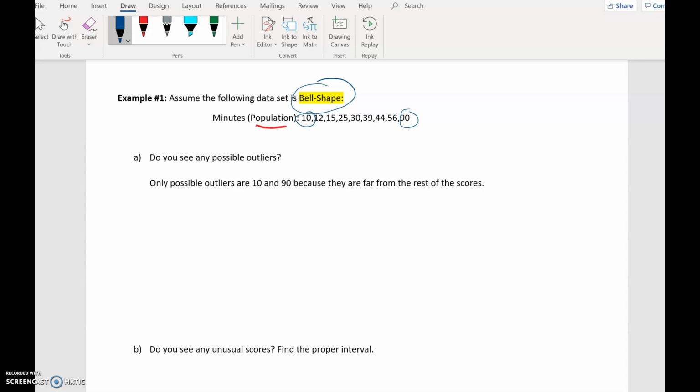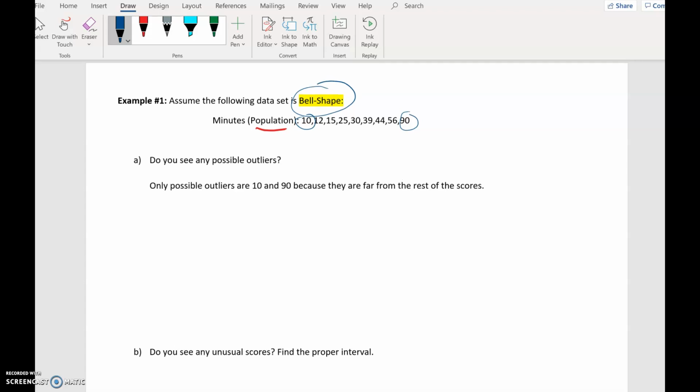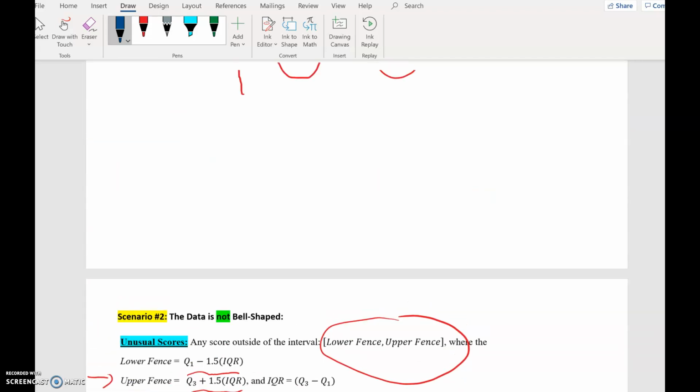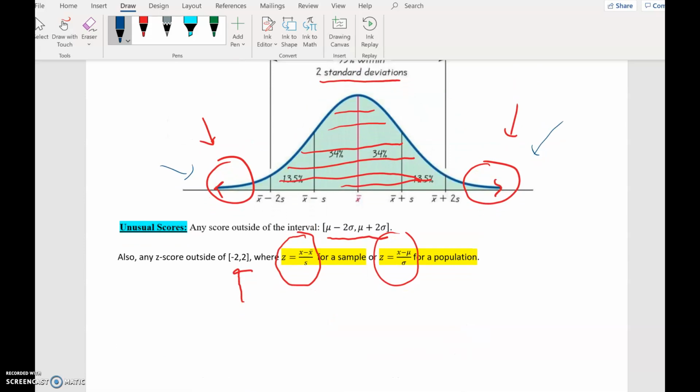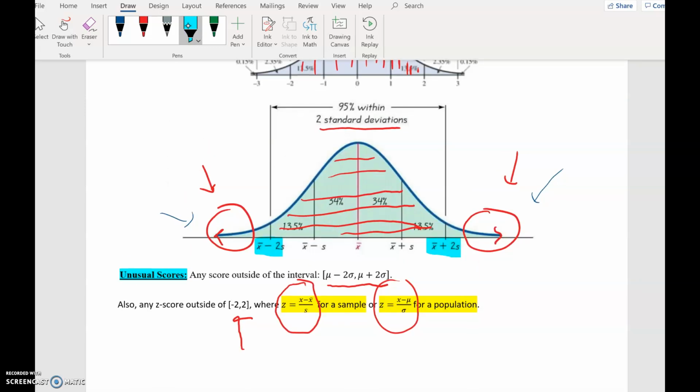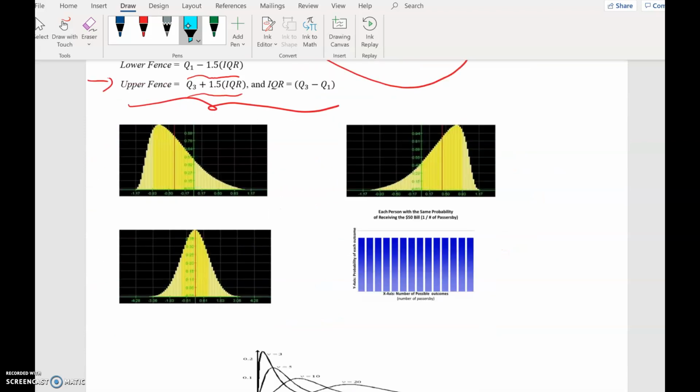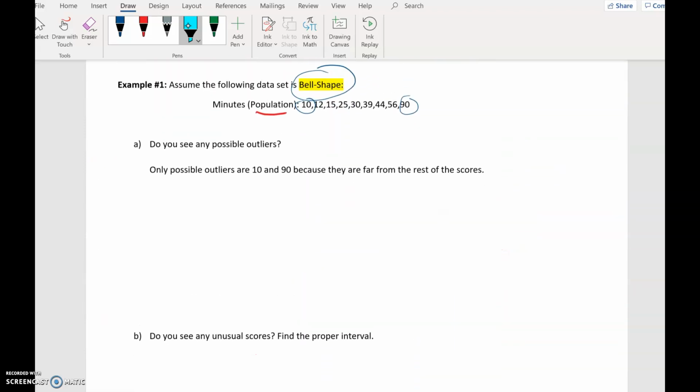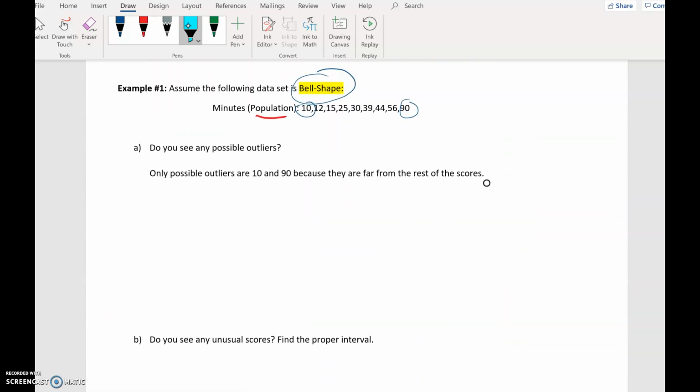The portion that we were talking about as far refers to it likely exceeding the 2 standard deviations away from the mean. So if they're just asking about possible outliers, we're technically just looking at the extremes. That's it for question number 1, any possible outliers.